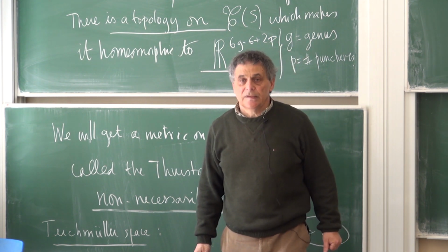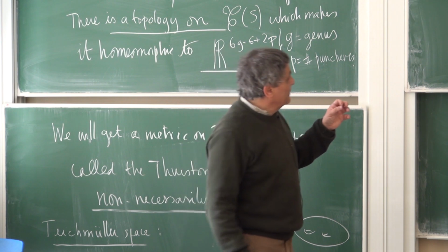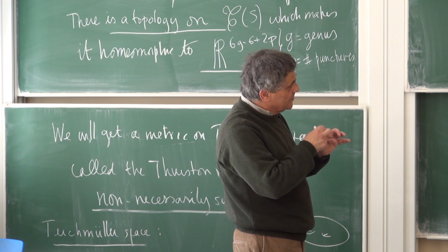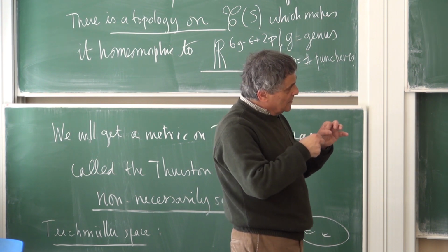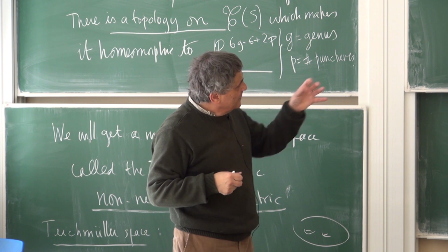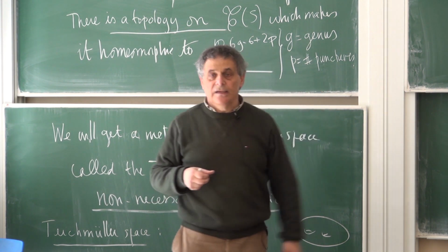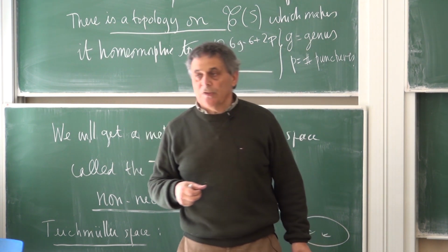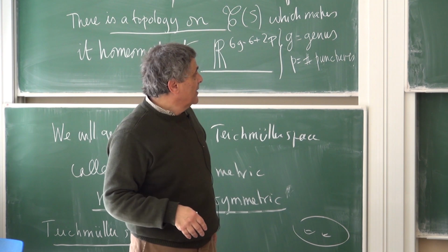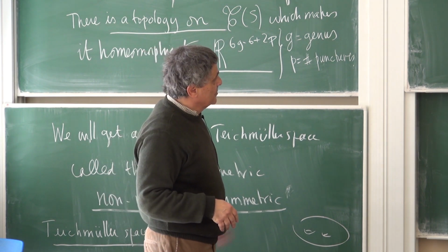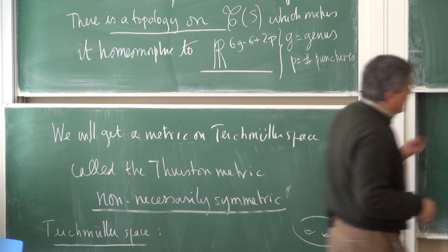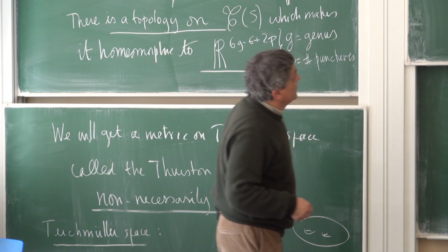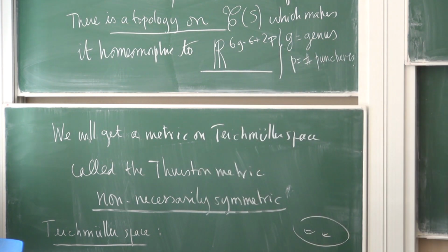Because if you have a map with Lipschitz constant strictly less than 1, then you can cover the surface by small disks, and then one of the disks is sent to a strictly smaller disk, and the area is not preserved. And anyway, that's one of the things. So we have this metric.